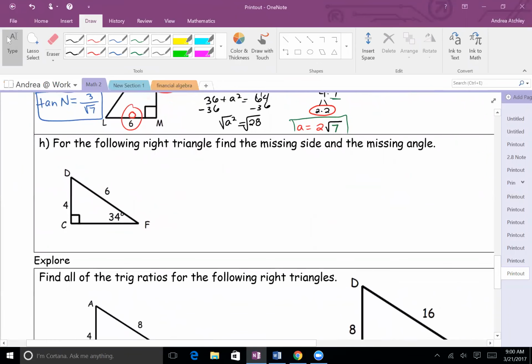Other types of problems that are not going to be trig related are going to ask you to find all the missing sides and all the missing angles of a right triangle. So the two things we need to remember, one we already covered is the Pythagorean theorem, which was our a squared plus b squared equals the hypotenuse squared.